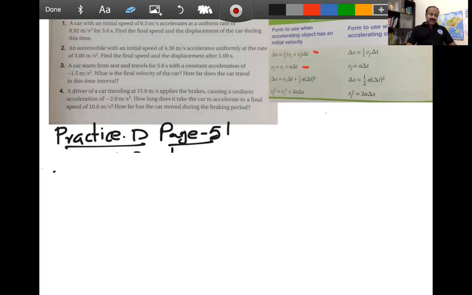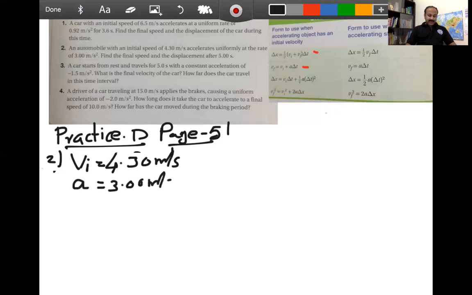So I'll just write down the values given there. Question number 2. An automobile with initial speed. So your Vi is going to be 4.30 meter per second, accelerates uniformly at the rate of 3 meter per second square. So your acceleration is 3.00 meter per second square.